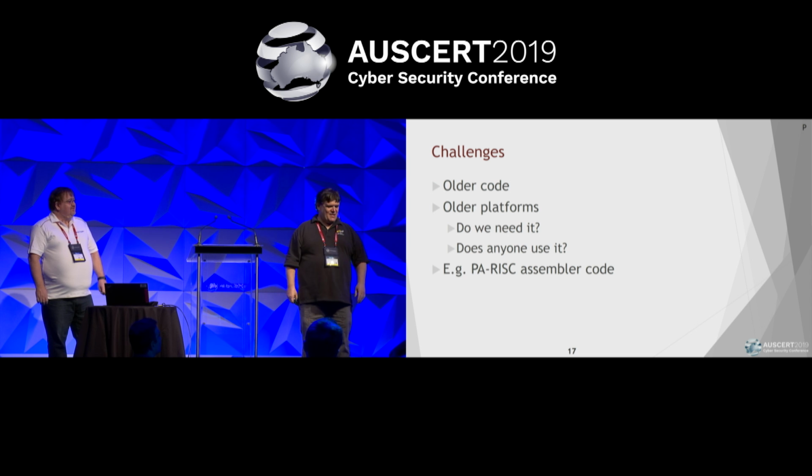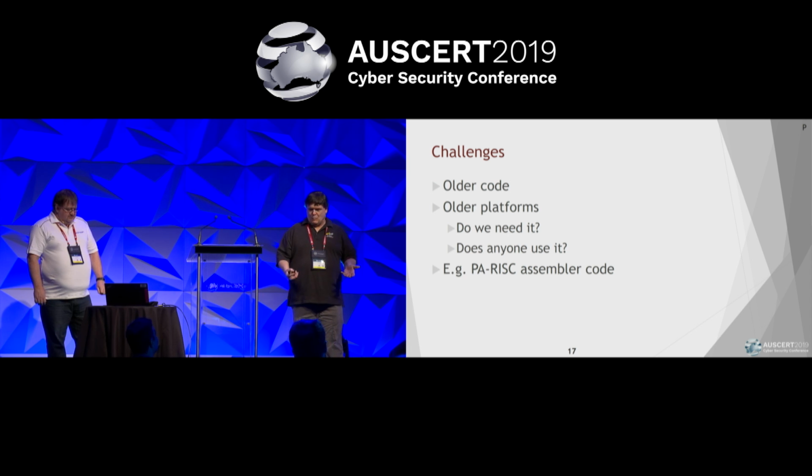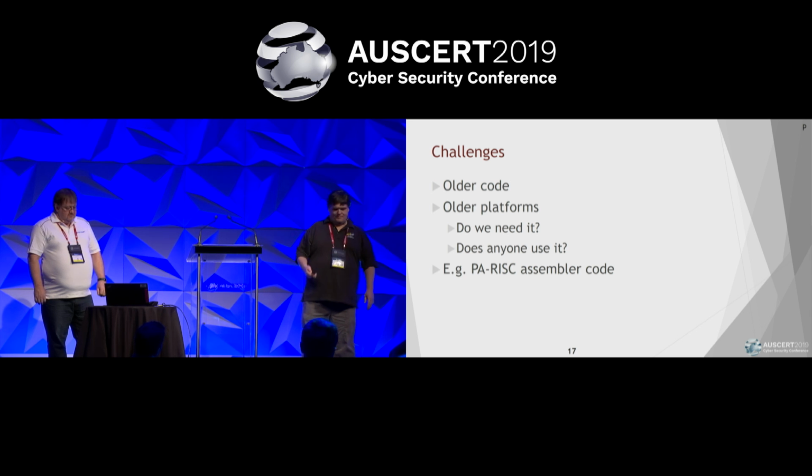Okay, PA-RISC stopped manufacturer support, what, 20 years ago? And it's still in OpenSSL, it's still there. We want to be able to get rid of all of this old code, but we can't get rid of it because people still use it. So we're in a bit of a quandary there.